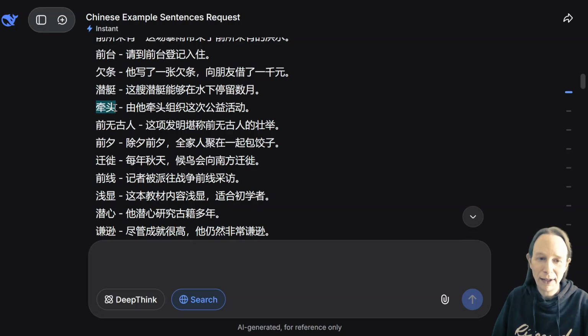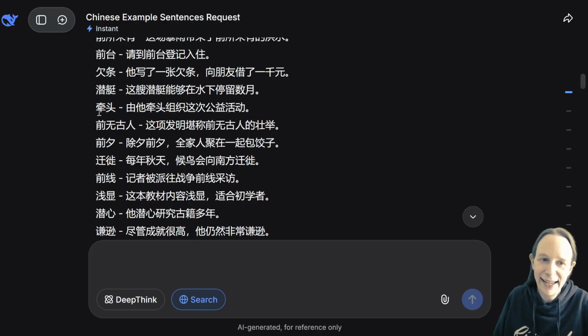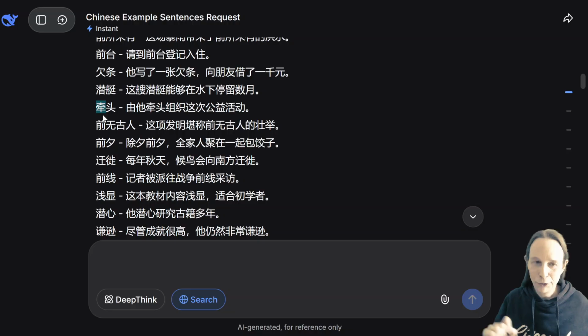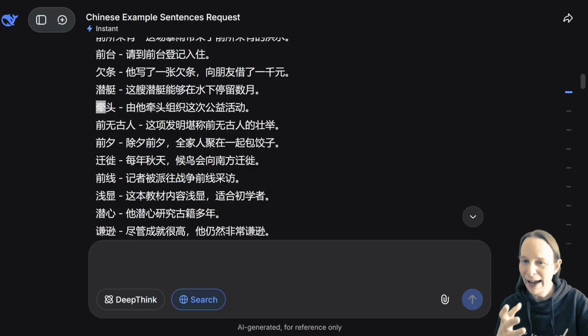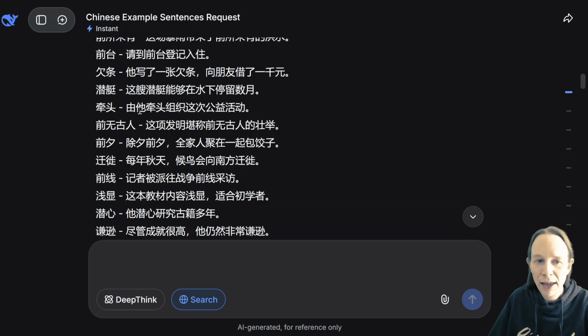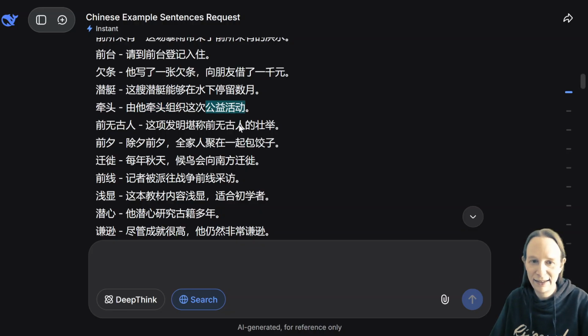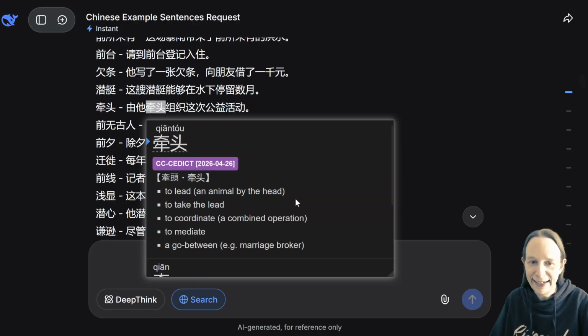牵头. Is this something like to take the lead? 牵 is to drag, like drag by a leash or something like this. Lead using a leash. 头 is head, but can also mean in front. 由他牵头组织这次公益活动. Okay, so he's in charge of this event, taking the lead.